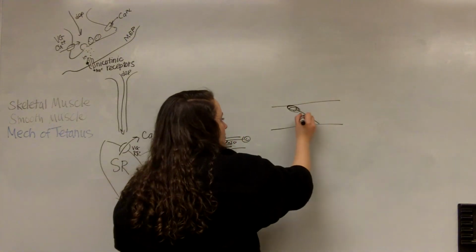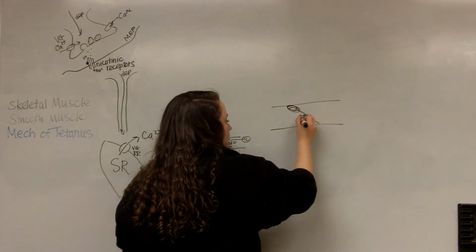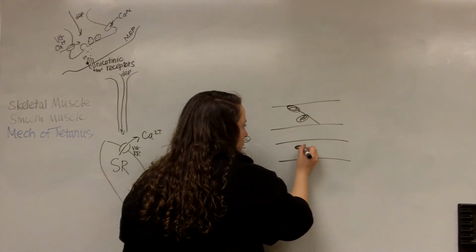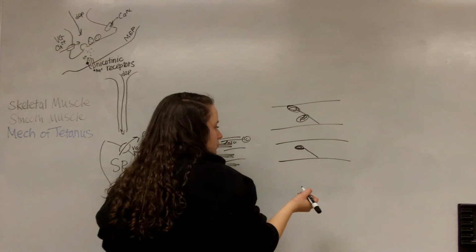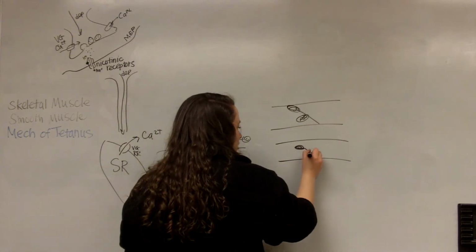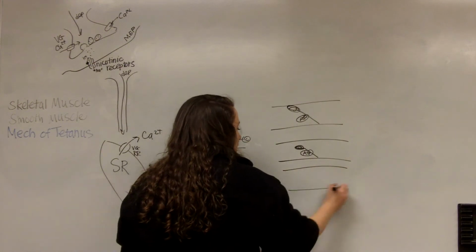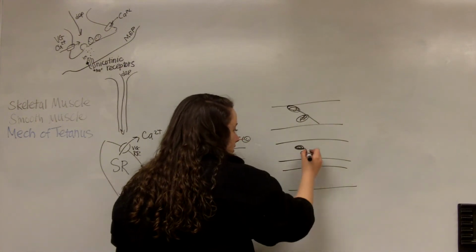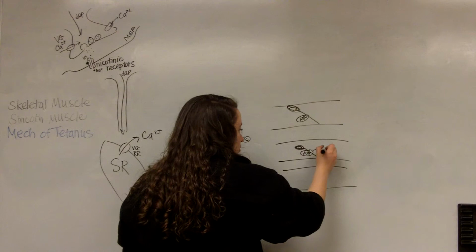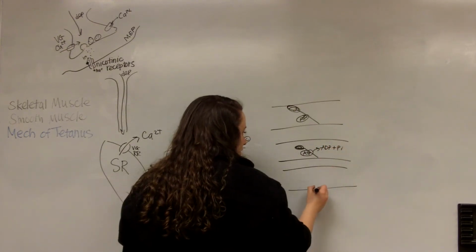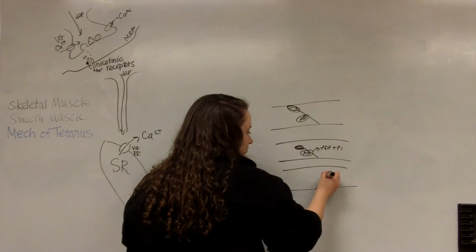The ATP comes in and binds, and it breaks free, and still has ATP on it. Then this goes to ADP plus phosphate, and it's going to shift this way.